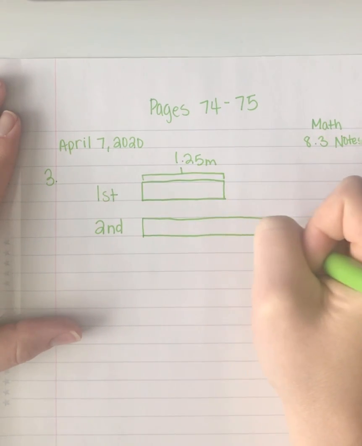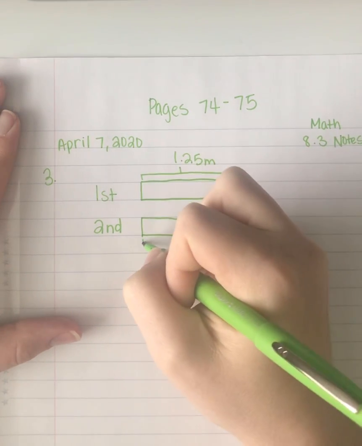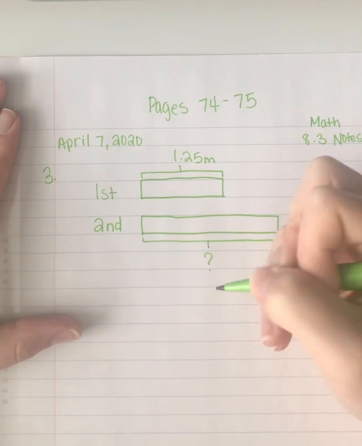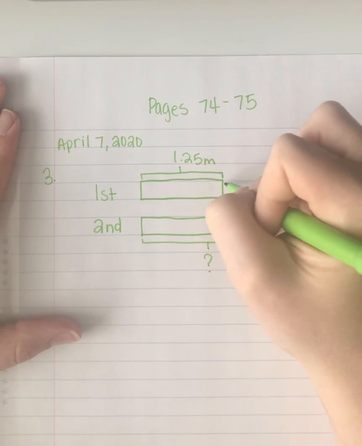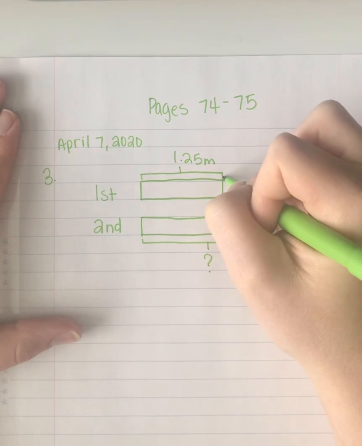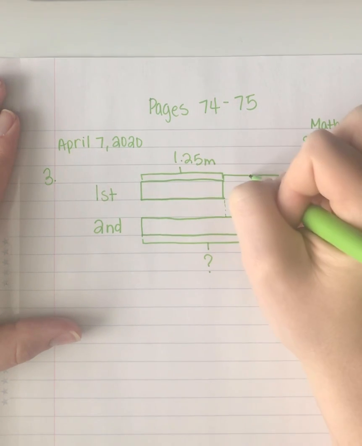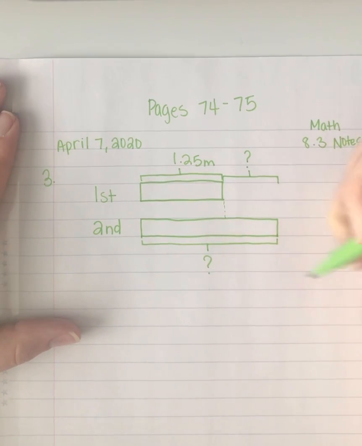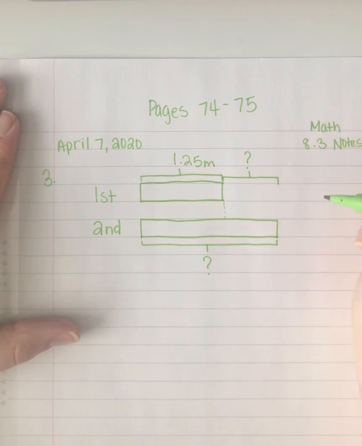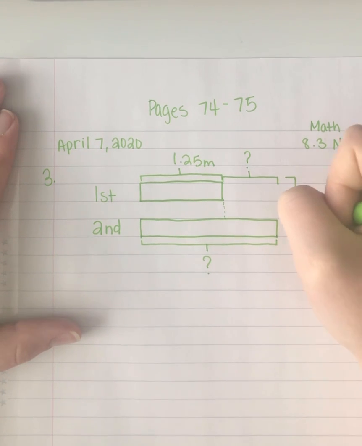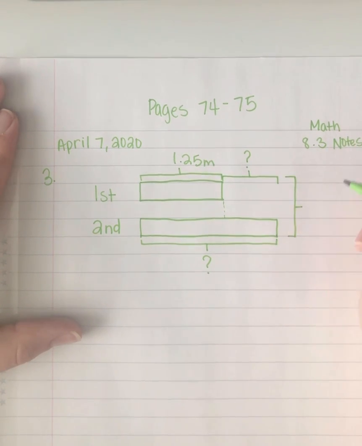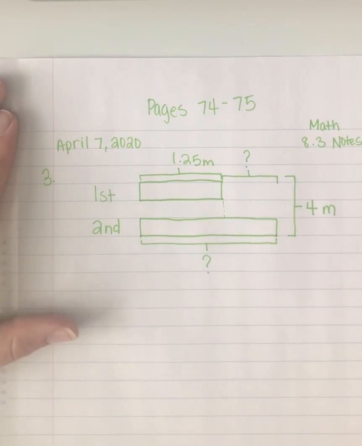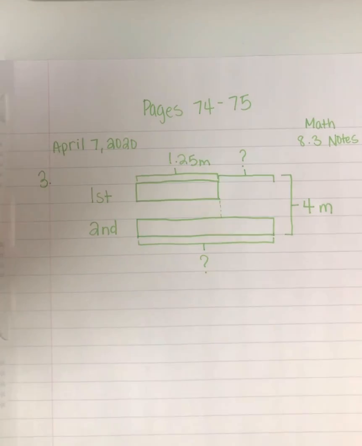You don't have to know how much it is yet for it to be longer. We also don't know how much longer it is. We don't know how long the second piece is, but we also don't know how much more it is. But what we do know is that the total amount of both pieces of fabric equals 4 meters. So that is how I would set up this problem.